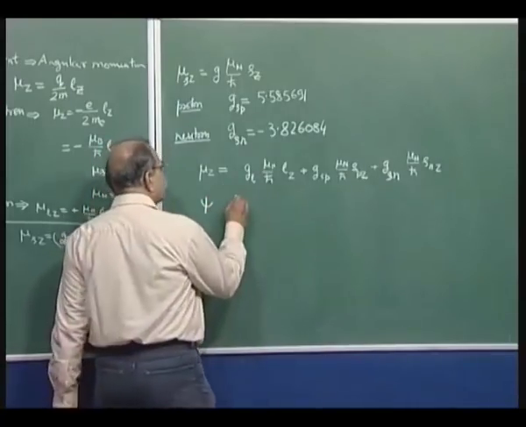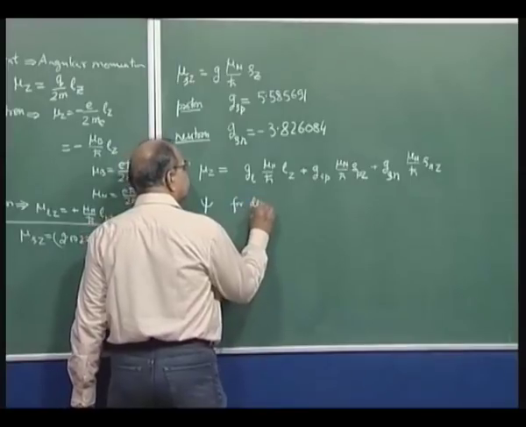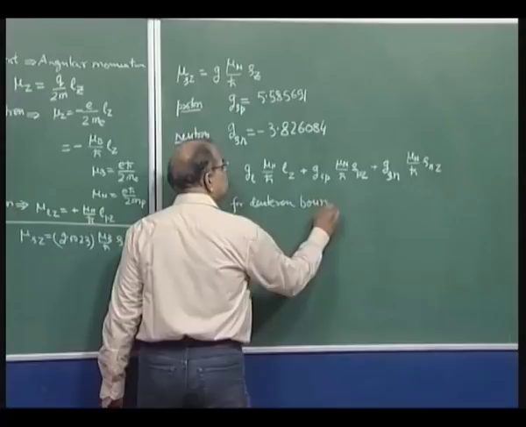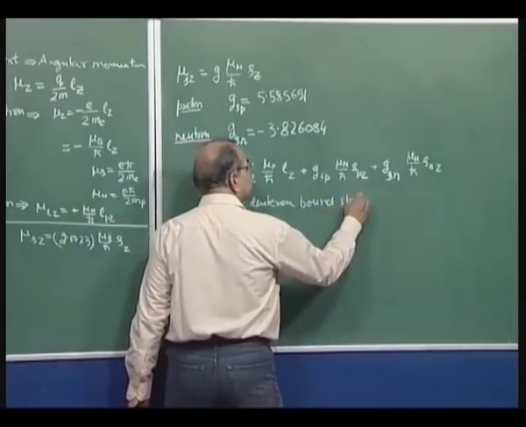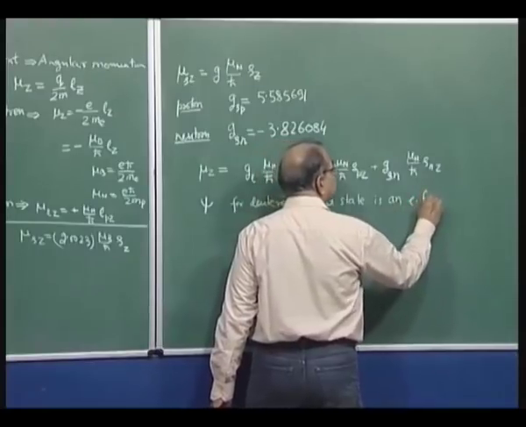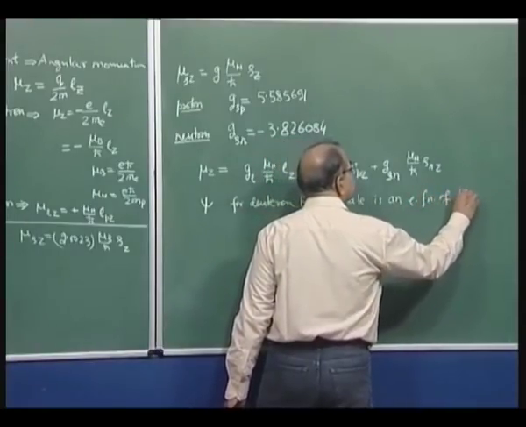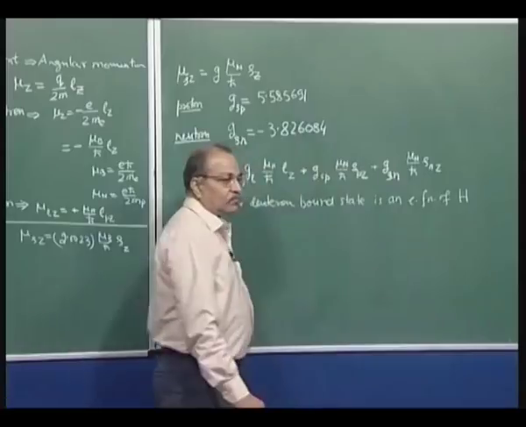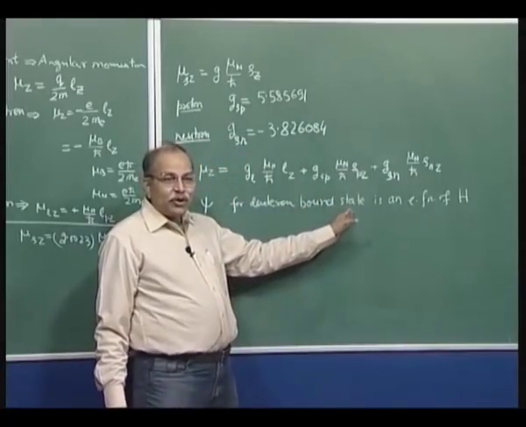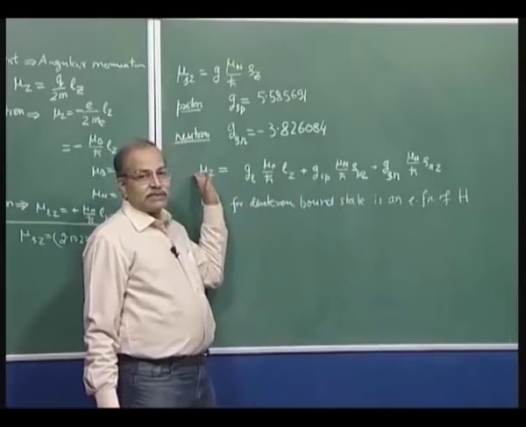This is for deuteron bound state, is an eigenfunction of Hamiltonian, right. So, an eigenfunction of Hamiltonian need not be an eigenfunction of this mu z.